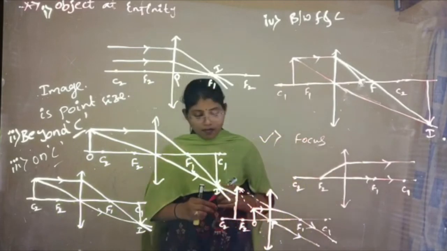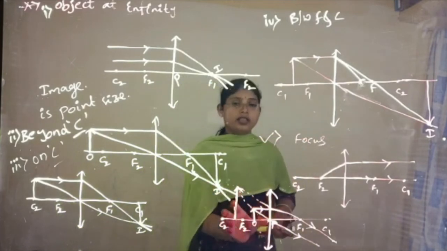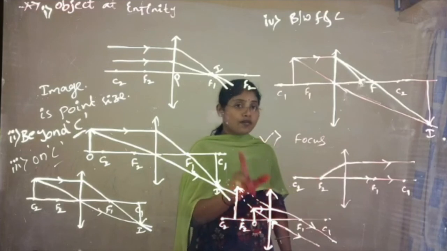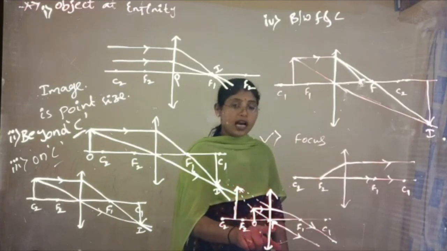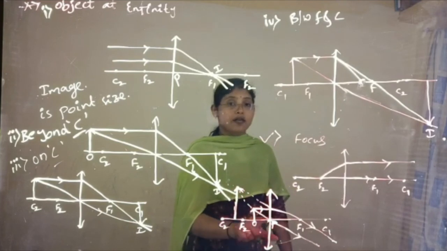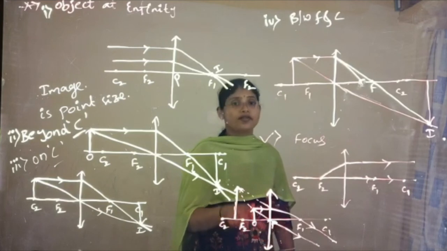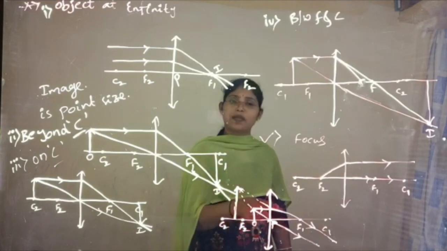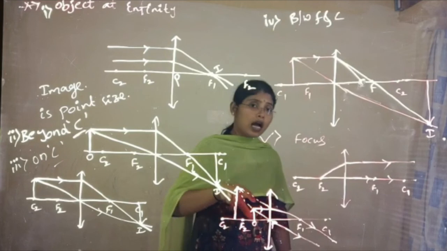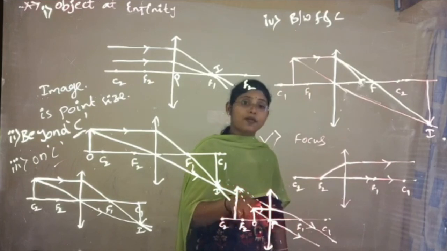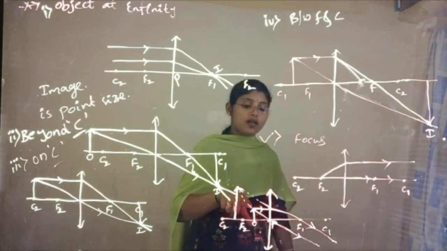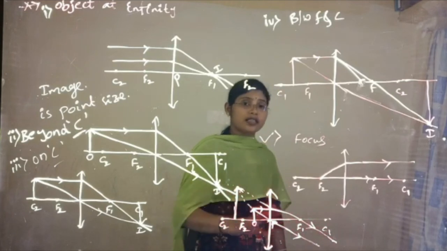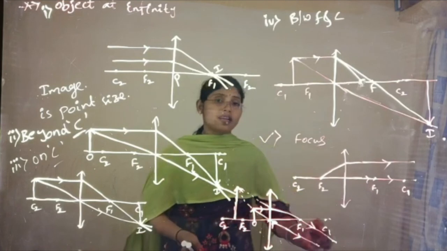Clear? So this is a very simple and important case. When the object is placed in between the pole and focus, the object sends two types of rays: a parallel ray, and one passing through the optic center. The parallel ray after refraction passes through the focus, and the one through the optic center does not deviate. Both do not converge.